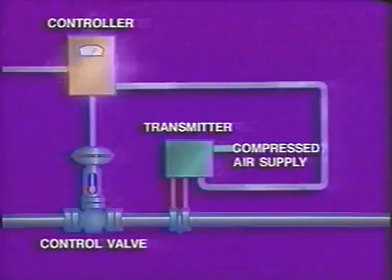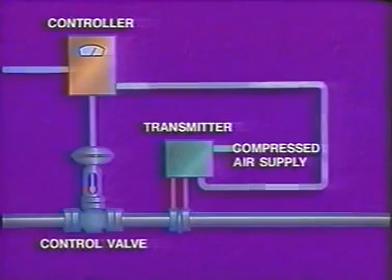The controller compares the compressed air signals from the transmitter with a reference signal representing set point. The reference signal is produced by giving the controller its own air supply and then restricting the supply by a certain amount. An air line from the controller connects with the valve actuator.